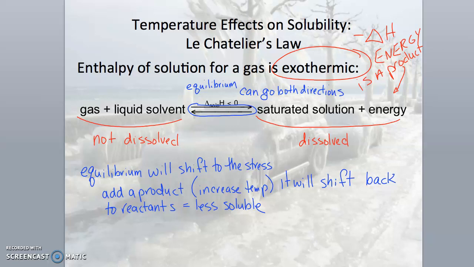So we want to reduce the energy or lower the temperature. If I lower the temperature, the equilibrium is going to say, geez, my energy is too low. I need to run more in the forward direction, use some of my gas and liquid solvent to produce more saturated solution and get that energy back to where it was.